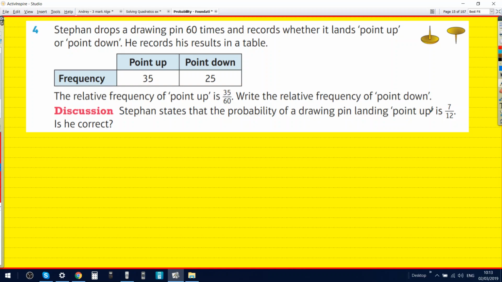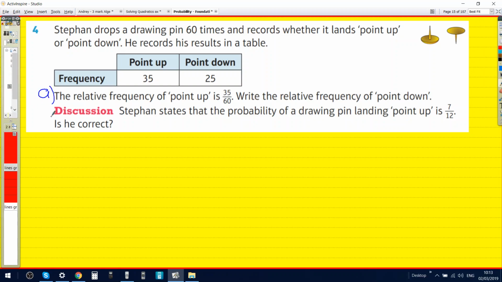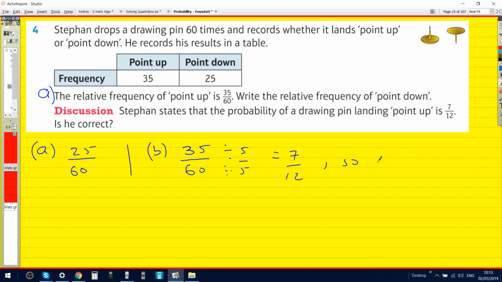This is part A. They should have written part A there. Sorry, is it 35 over 60? Yeah. So part B, is he correct? Yes. 35 over 60. Divide them both by 5, is it? Yeah. Divide by 5. That's 7 over 12. So yes.